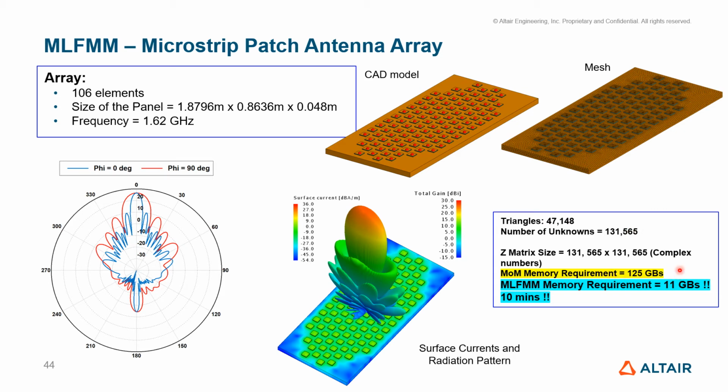Now with MLFMM, using the procedure that we talked about, you can solve this problem with 11 gigabytes. Remember the desktop I mentioned that only has 64 gigabytes. So we have plenty of memory to solve this with 11 gigabytes.